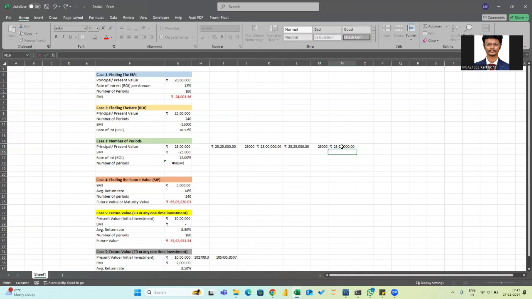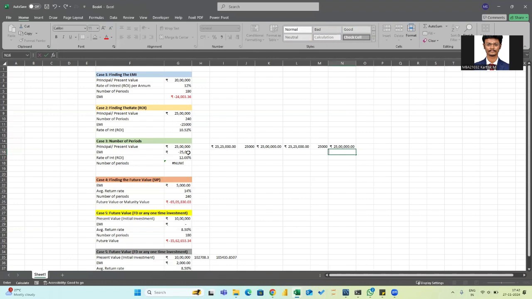So you're not even covering the interest that is being generated at the end of every month. You have to pay at least 1 rupee more than 25,000 to reduce your principal amount.